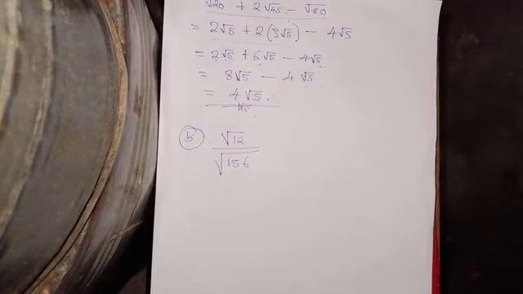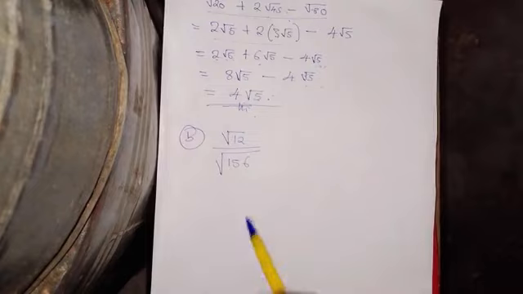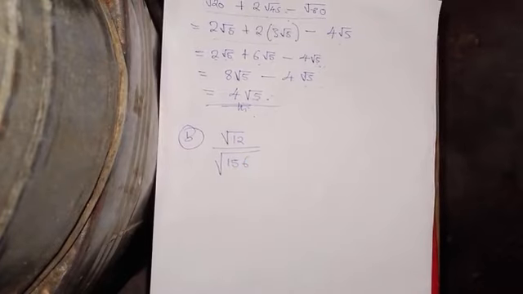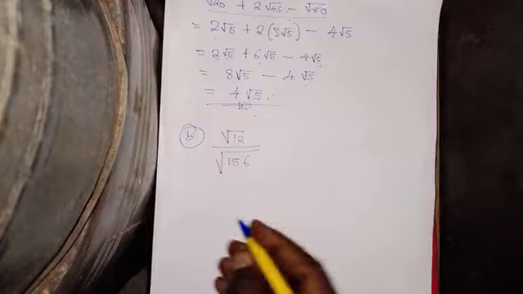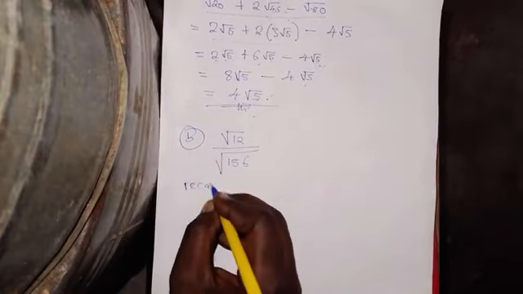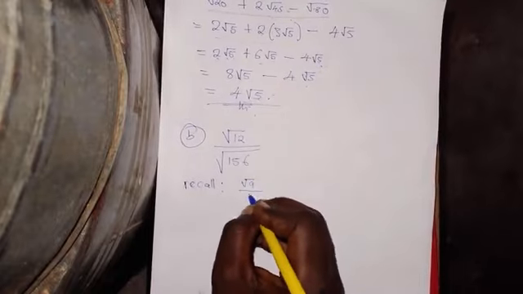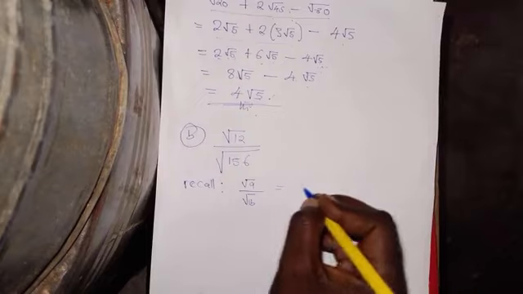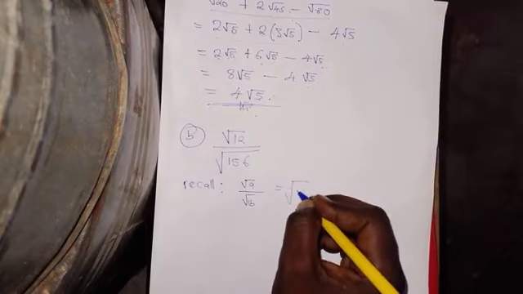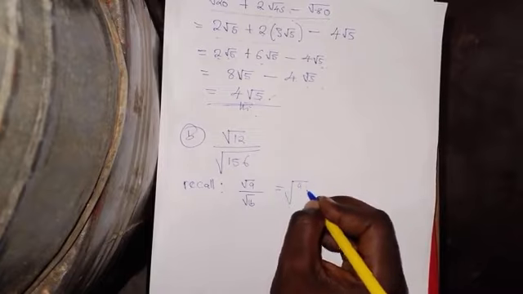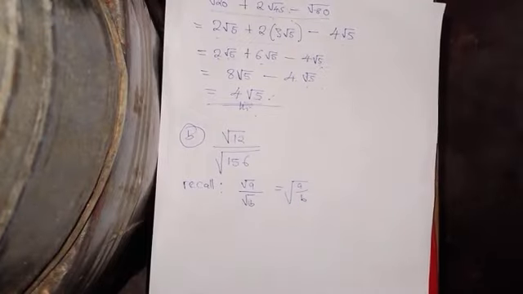The same concept, the same idea, but this time around we are using the concept of division. Recall the property we said that root of A over root of B is the same as root of A over B. It's the same concept, same idea. That's one thing you're supposed to be able to understand.